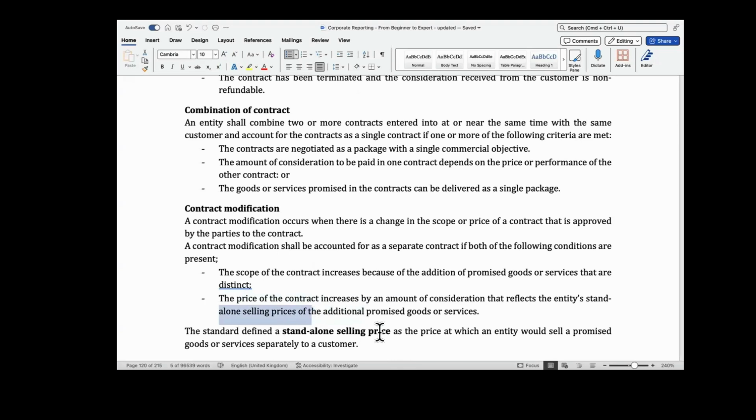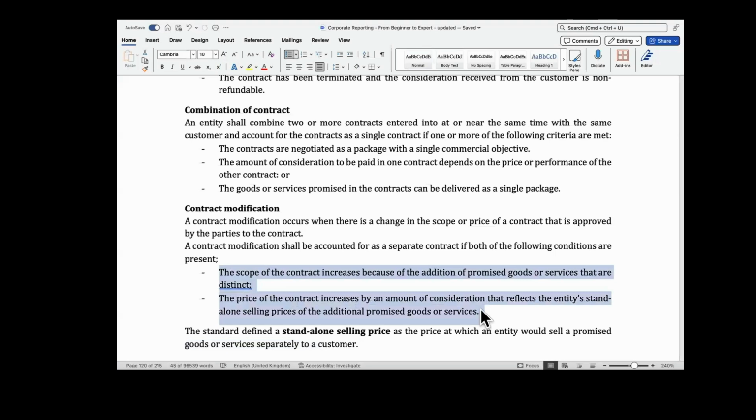What we mean by standalone selling price is the price at which the entity would sell a promised good or service separately to a customer. So that's how much you would ordinarily have sold your additional goods or services to a customer. So if a modification changes the price by that amount, just treat that modification as a separate contract. These two criteria are very important.